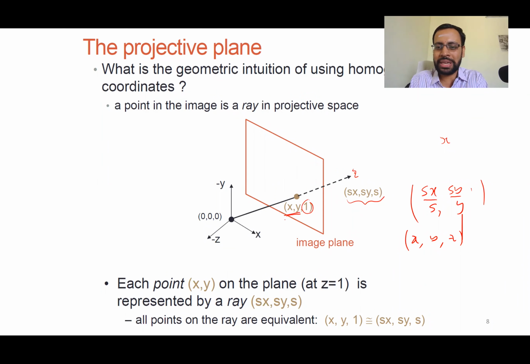So if I'm taking it at z equal to 1, this would be equal to x by z comma y by z. In this manner I could also write sy divided by s. You have a 3D point, and when you are getting its projection on the plane, if it is x, y, z, that point will be x by z comma y by z.